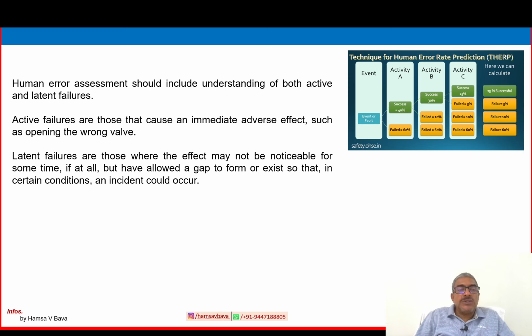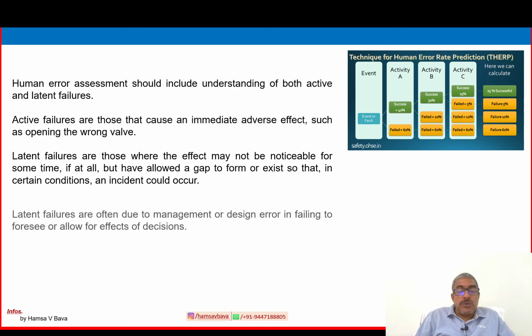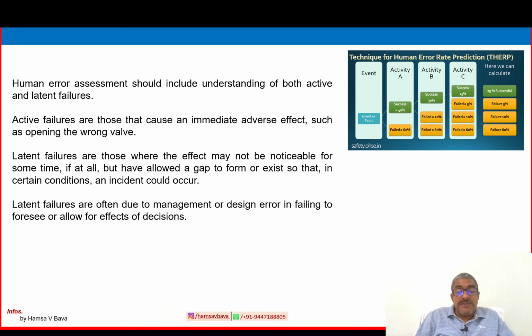Latent failures are those where the effect may not be noticeable for some time, if at all, but have allowed a gap to form so that in certain conditions an incident could occur at a later stage. So that is a passive error, you can say. Latent failures are often due to management or design error in failing to foresee the effect of a decision.